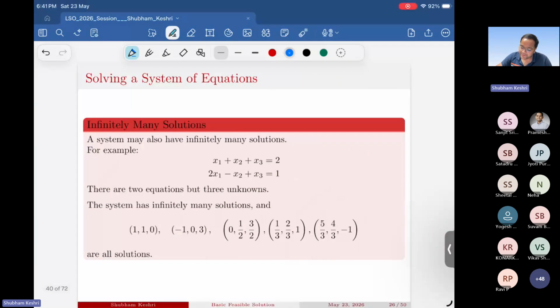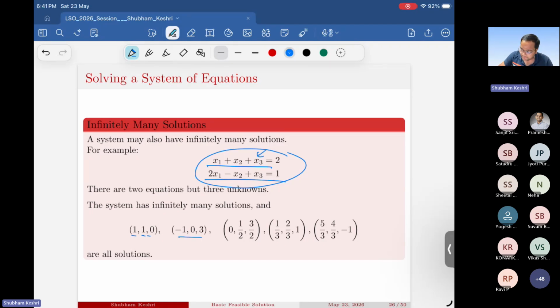For multiple equations, in this case, you have 3 unknowns but 2 equations. And again, when you solve this, you will see that there are many points which satisfy these two equations, and therefore you have an infinite number of solutions for this system of equations. One point can be (1, 1, 0), where we are setting x3 as 0.